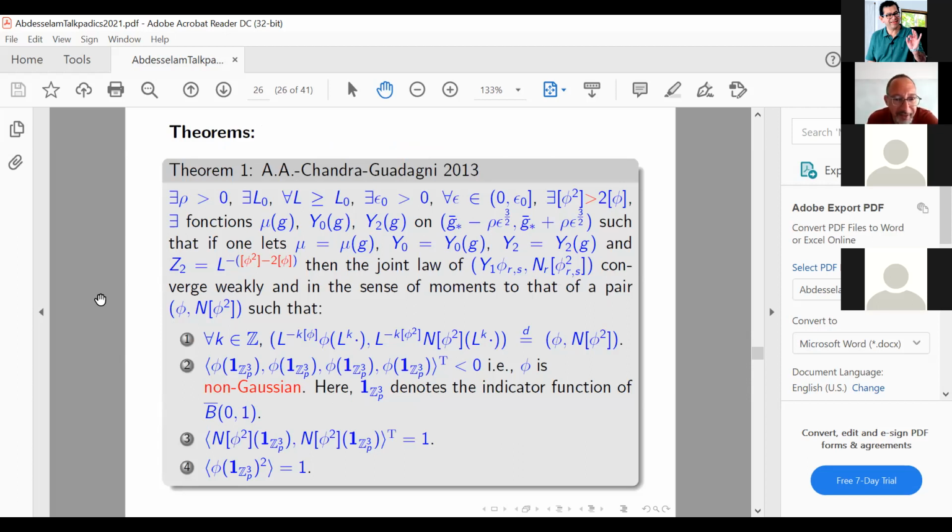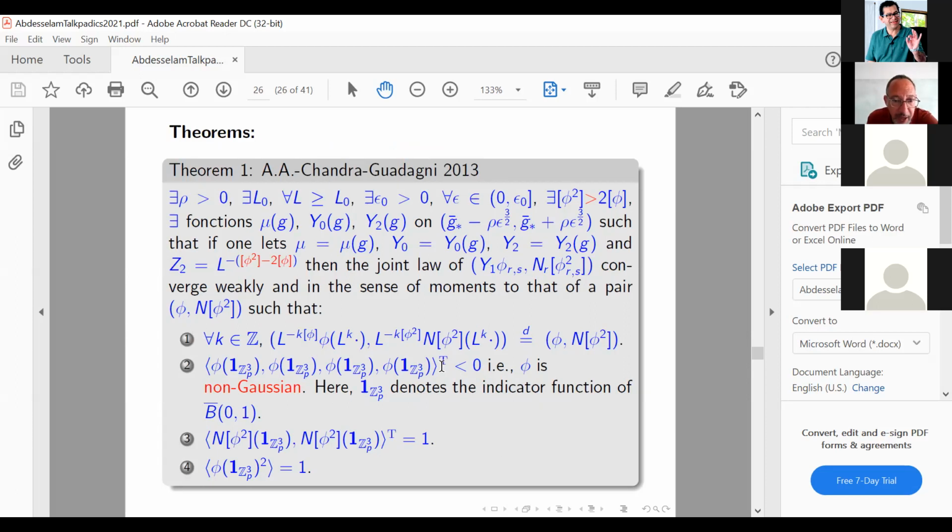There's lots of stuff, but basically we show that when we look at the joint distribution and remove the cutoffs, it converges weakly to a well-defined joint distribution for two random fields, phi and the square. They are scale invariant, so if you rescale, you get the same probability distribution.